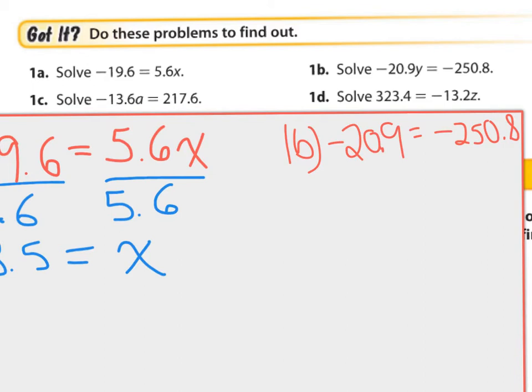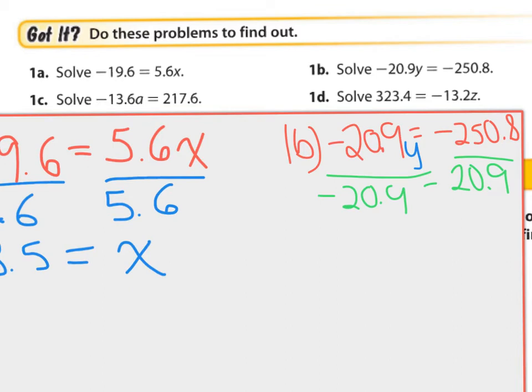Okay, let's try 1B. Okay, question B. Sorry it's so messy, but we have negative 20.9y equals negative 250.8. So again, let's use the division property of equality because we are multiplying. So we have to use the opposite, and I'm going to divide both sides by negative 20.9 to isolate our y. Okay, and this is also going to be divided by negative 20.9.